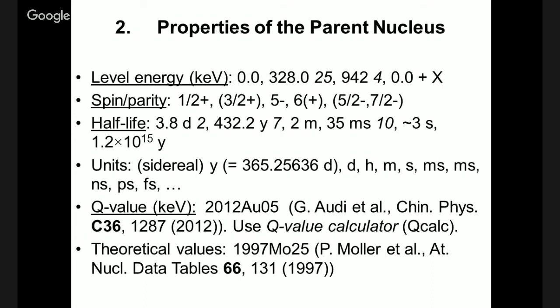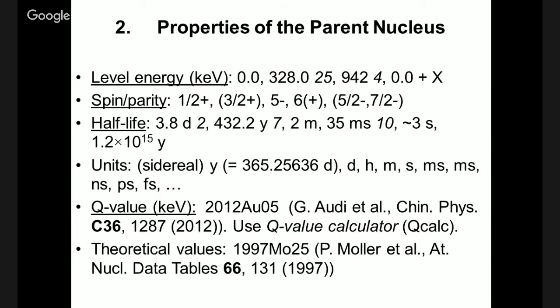Now it is published in Chinese Physics. And there is a program, a Q value calculator at Brookhaven, where you enter all the data and you say, well, I want the Q value for cobalt 60, and it gives you the Q value there. Theoretical values are from Muller.